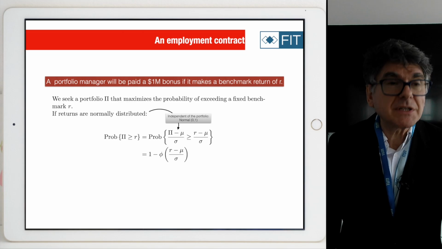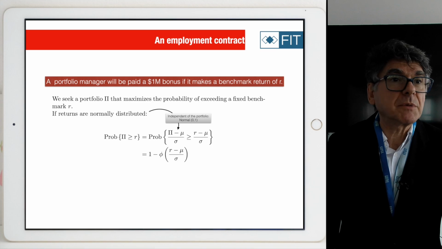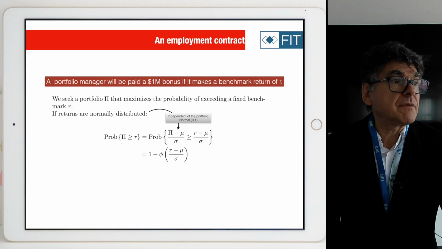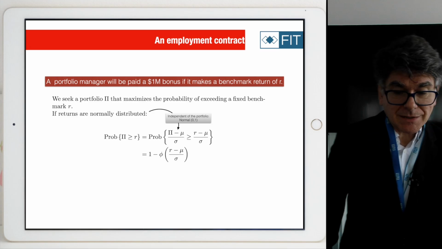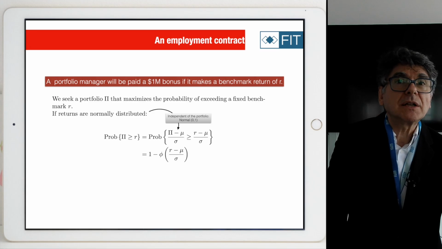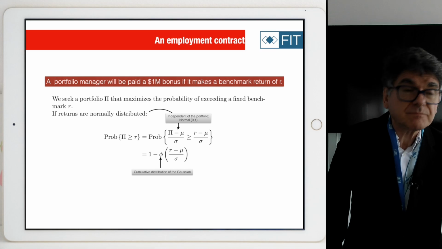So this expression here is independent of my portfolio. It only depends on mu and sigma. Furthermore, if the probability that a Gaussian is bigger than a certain number is your objective, that probability is given by the cumulative distribution function of the Gaussian, the green curve that we saw earlier.